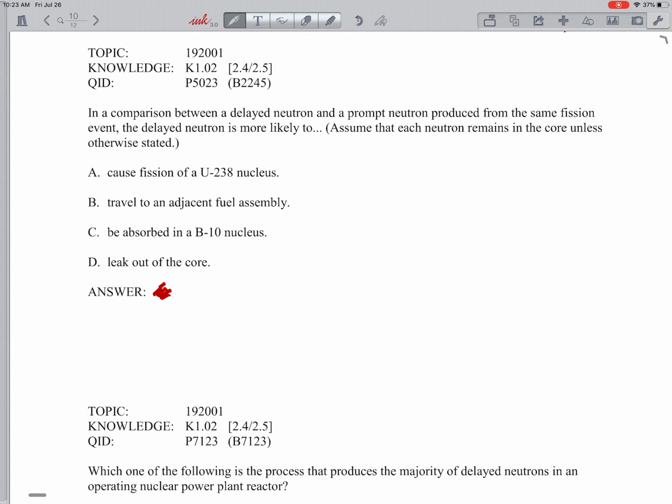All right, in a comparison between a delayed neutron and a prompt neutron, the delayed neutron are more likely to, so likelihood. So we go to our chart, and we remember that the delayed neutron does not cause fission of U-238, does not travel adjacent to a fuel assembly. I don't know what that means. I think they both do that.